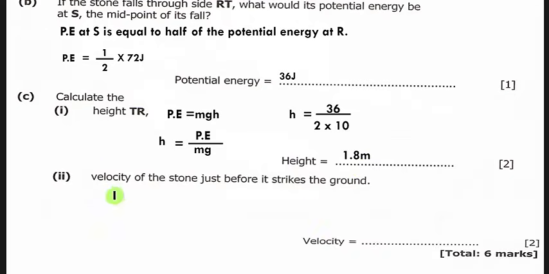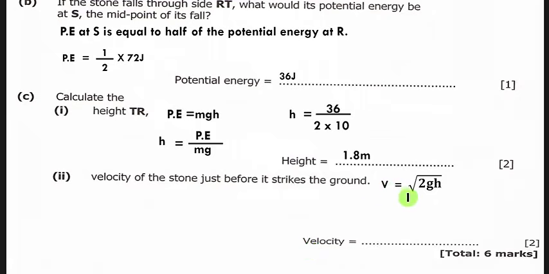Then they're asking for the velocity of the stone just before it strikes the ground. So the stone as it falls, its velocity before it hits the ground. So we know that velocity is equal to this formula here, the square root of 2 times g times height, because it is falling. When an object is falling, the shortest formula you can use to find its velocity is this one.